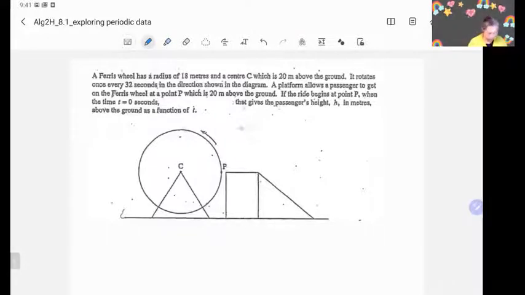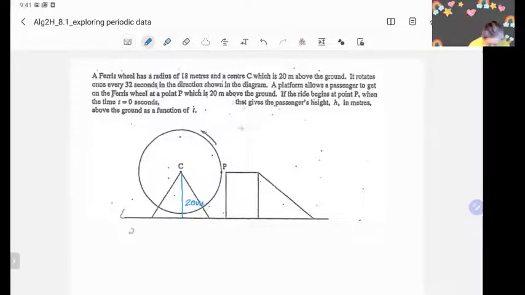The center is 20 meters above, so this is 20 meters here. And it rotates once every 30 seconds.